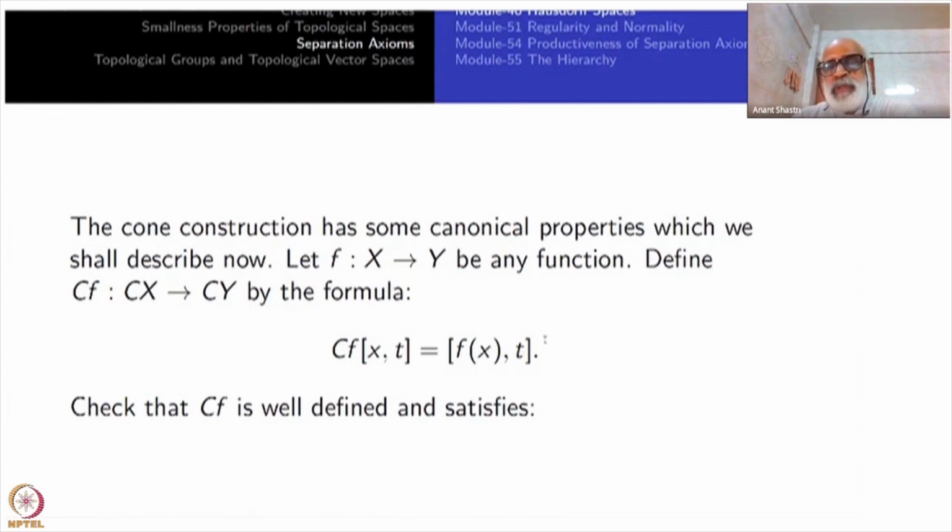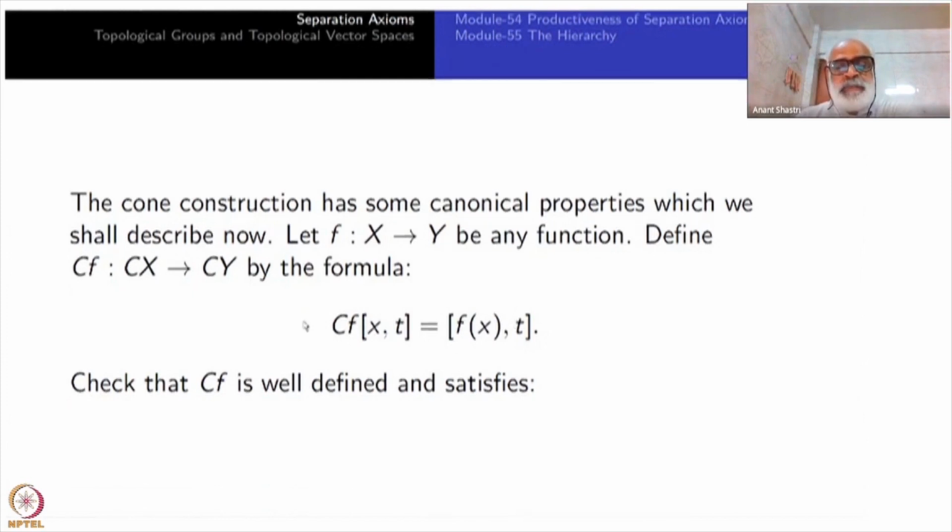So there is no problem here in the definition of this function CF. The point is, if f is continuous, then f cross identity is continuous, then the induced map CF will also be continuous. Not only that, there are many other properties.